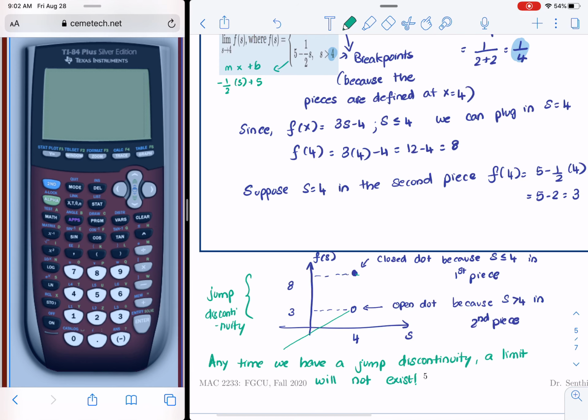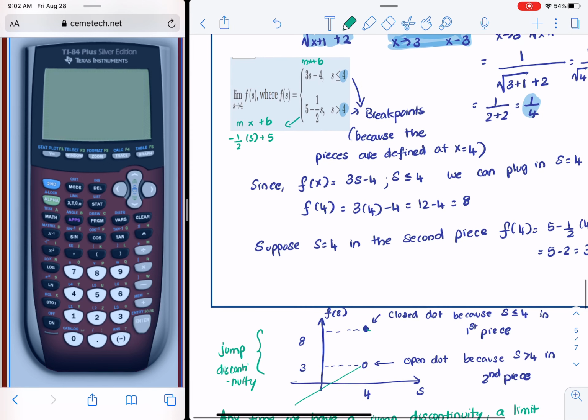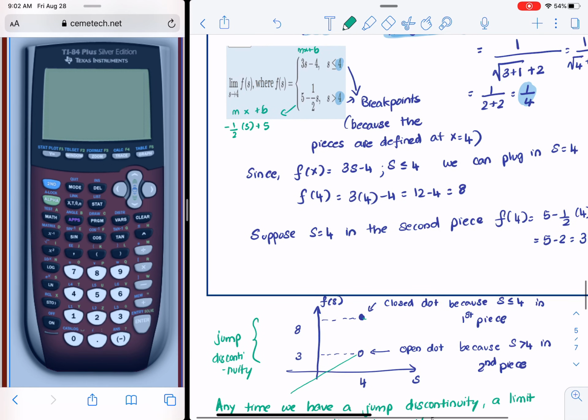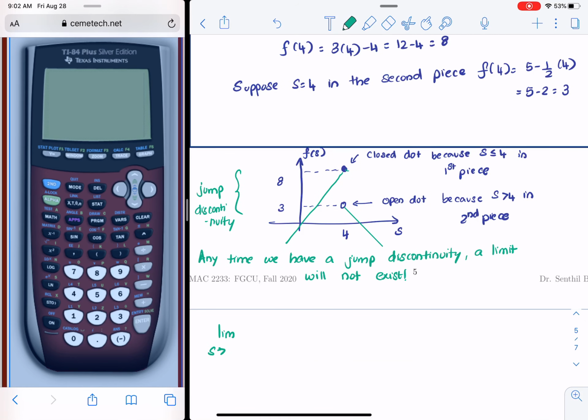Do I have it backwards? Yes, I have it backwards, I'm sorry. So for x greater than 4, it is a decreasing line. And for x less than or equal to 4, it is an increasing line. And clearly there is a break.